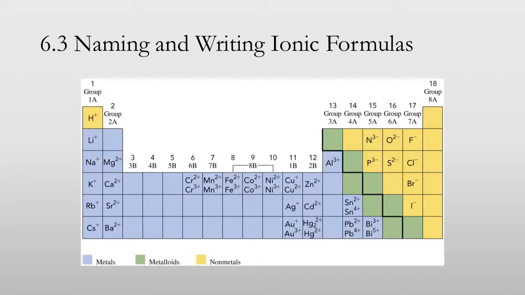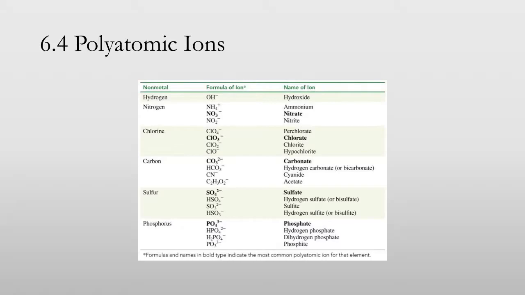Here are the common charges for many of the elements, the ones that will be used in this text, I guess, in order to talk about ionic compounds. This table here is table 6.8 on page 182, and so you can see it has ions with hydrogen, nitrogen, chlorine, carbon, sulfur, and phosphorus, and then associated names.